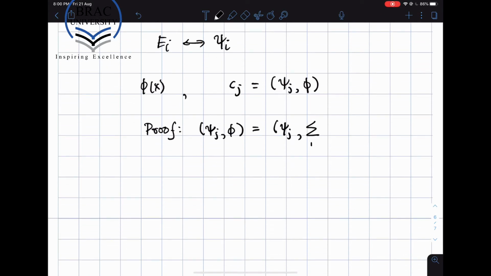So here I get sum over i, Ci, psi i. Now because the integral inside the inner product converges and this sum is also assumed to converge, we can reverse the order of this integral and the sum. In other words, we can take the sum outside the integral. And if I do that, then this is what I should get.